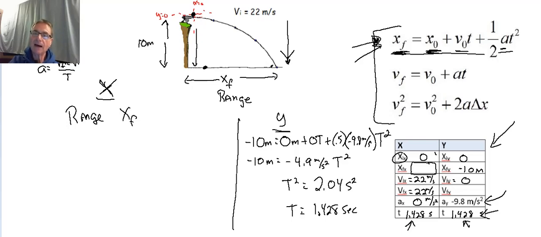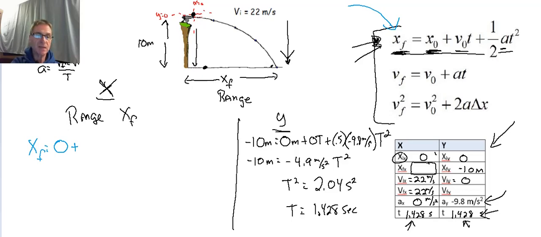Again, I can use the first equation, but now, instead of using the y dimension information, I'm going to have to use the x dimension information. So x final is going to be x initial, which is 0, plus v0 times t.